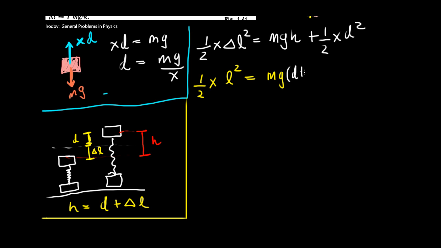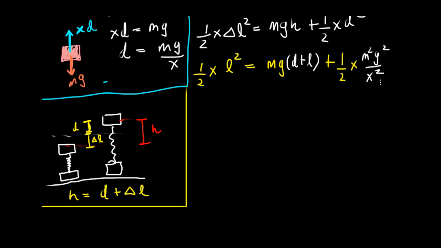H is d plus delta L, for which I'm calling L, plus half x times d squared. Now d is mg over x, so d squared is going to be m squared g squared over x squared. Okay, so we have everything in place.